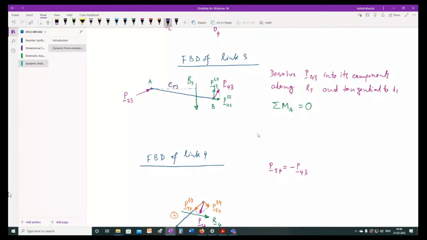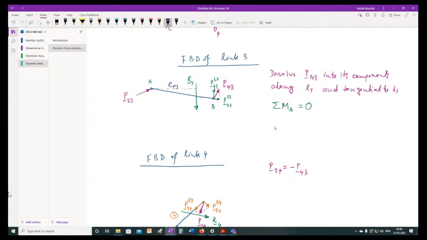Just a symbol, this distance ER3. Then if we take moments, all the moments anti-clockwise positive, then this is creating a moment in clockwise direction.